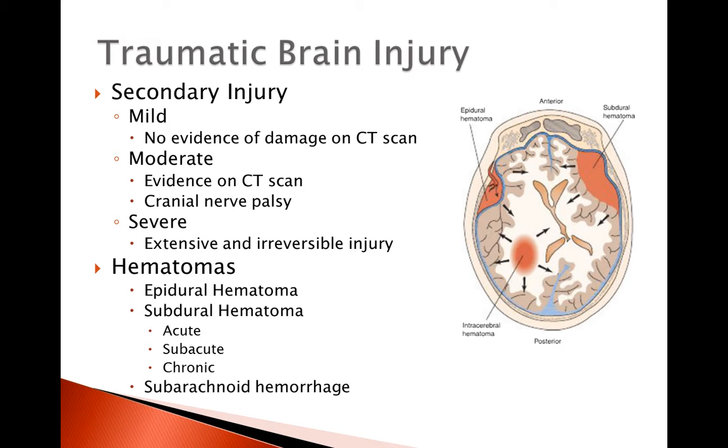And they can be categorized, first of all, as mild injury, where actually if you looked on a CT scan, you would not notice it. In a mild injury, you can have momentary loss of consciousness, but there will be very little residual damage. Sometimes there's some slight amnesia with a mild injury.